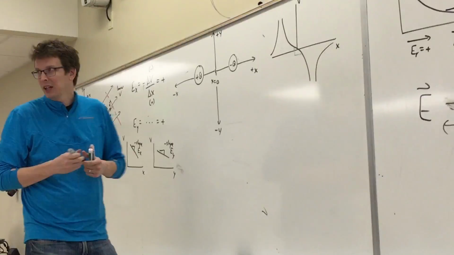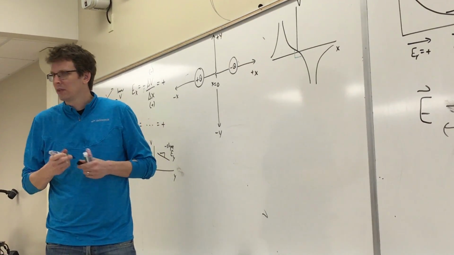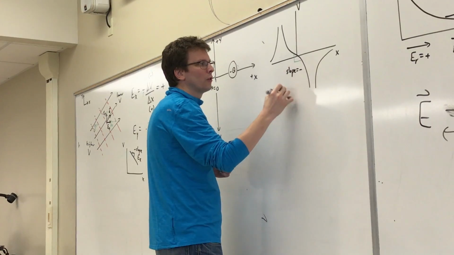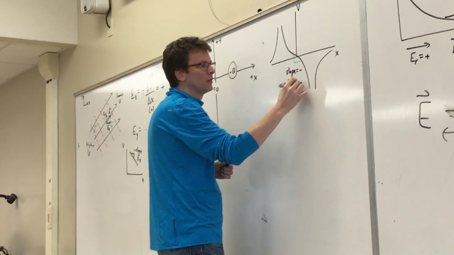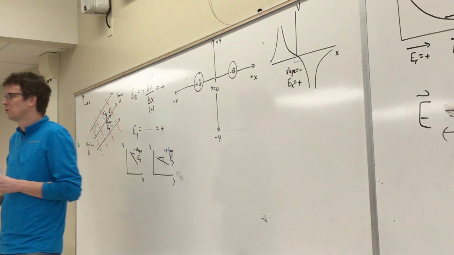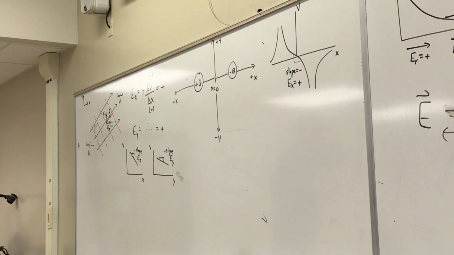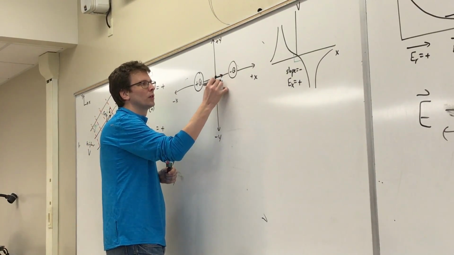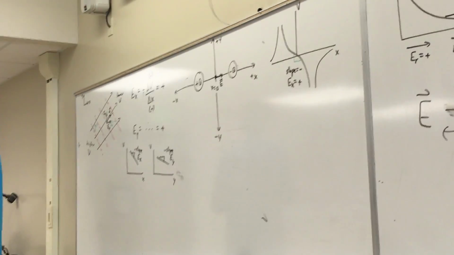The slope is positive or negative? It's negative. So that means that the electric field is positive. The electric field at that moment is in the positive x direction, which, by the way, I hope is not news, because the voltage decreases that way. The electric field points the way towards lower voltage.